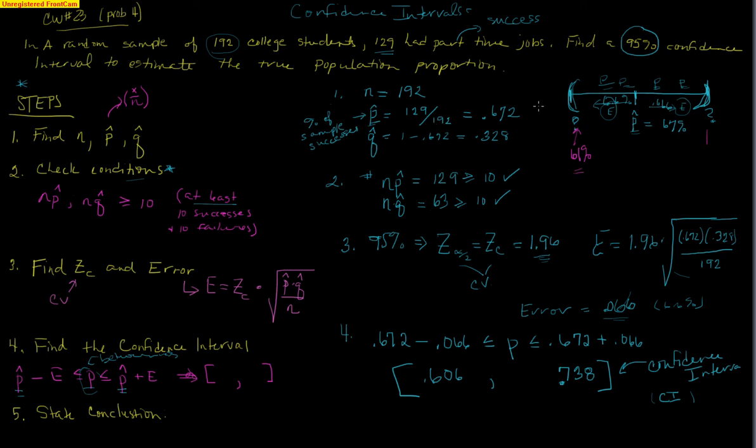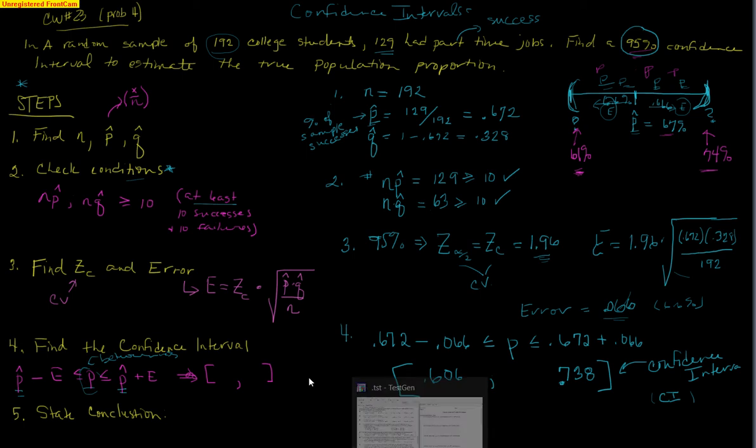And over here, the upper end of our interval would be about, moving that decimal point, 74%. So if our sample told us that 67% of students have part-time jobs, then we can conclude with 95% confidence that the true percentage of the entire population of community college students that have part-time jobs is somewhere between 61% of students and 74% of students.